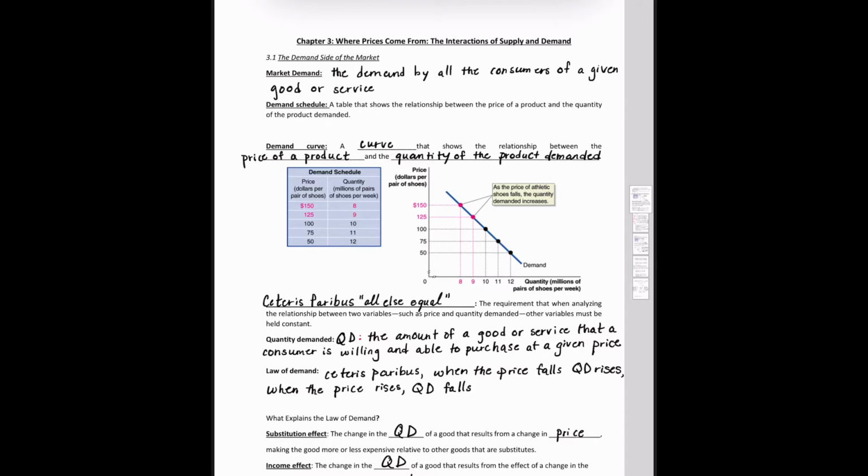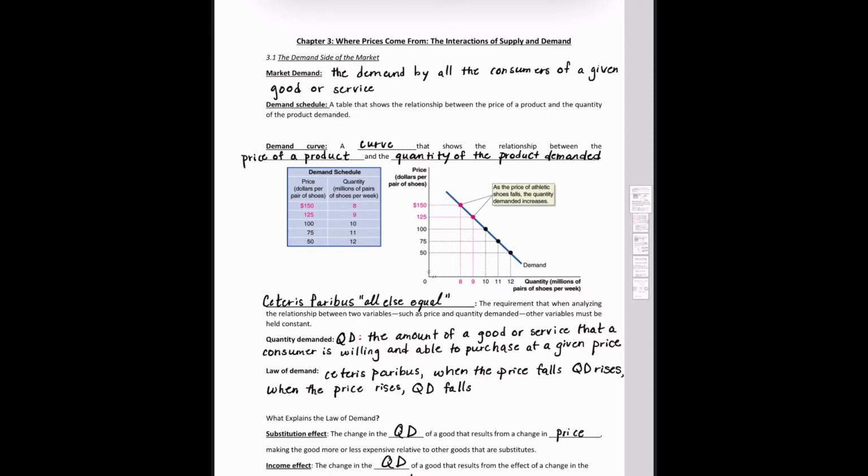The question it poses is, suppose fans' desire to buy Nike shoes decreases, how would this affect the price of Nikes and how many Nikes are sold?